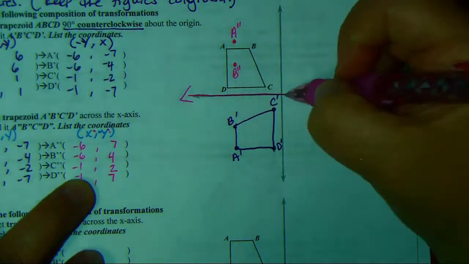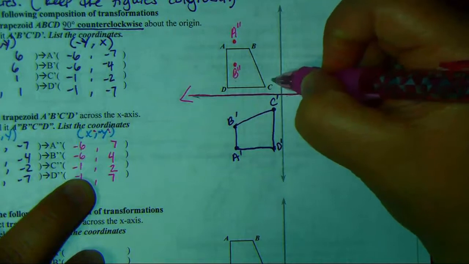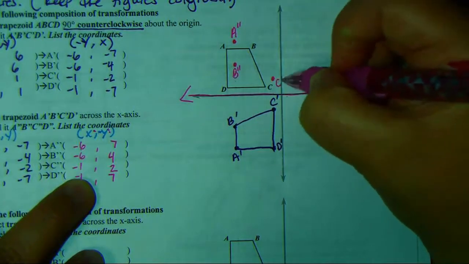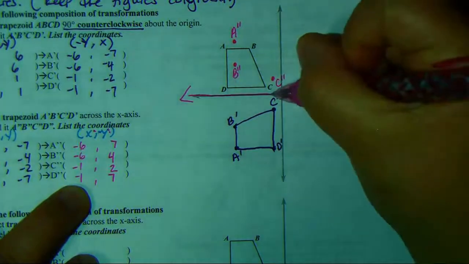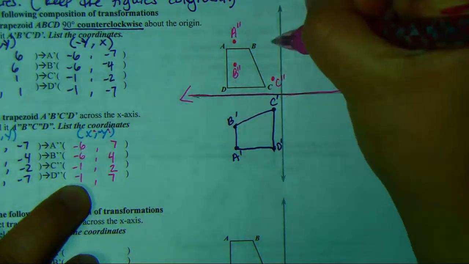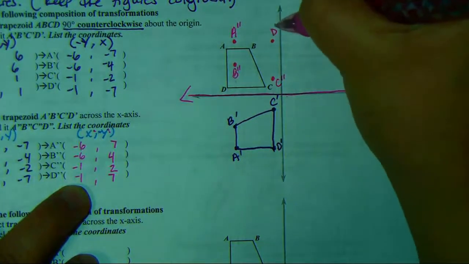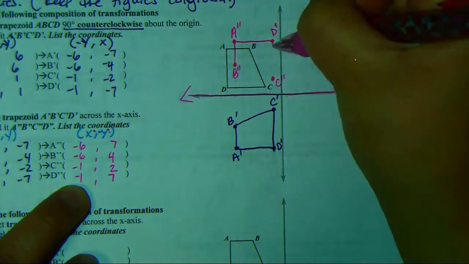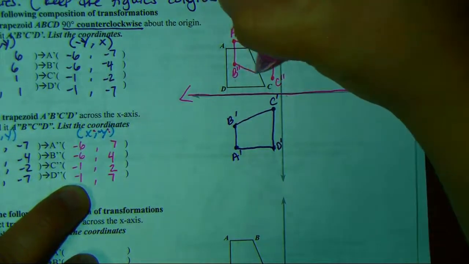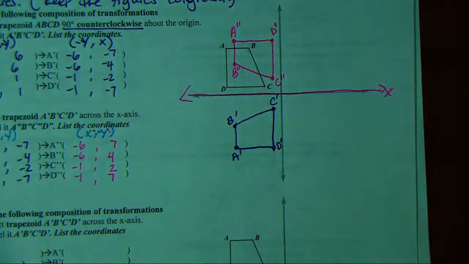My C double prime is at -1 and +2. So here's my C double prime. And my D double prime is at -1 and 7. So right along the same level as A double prime, so D double prime. And here you go. That is my reflected trapezoid.